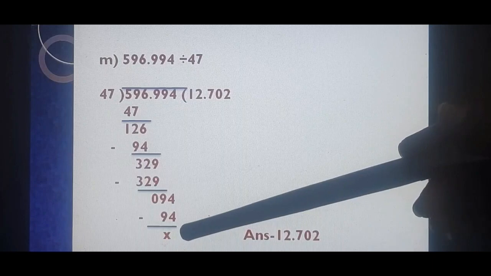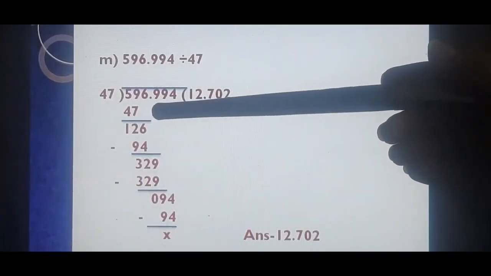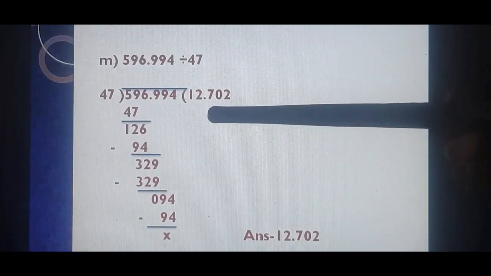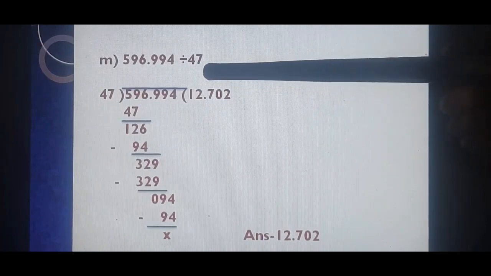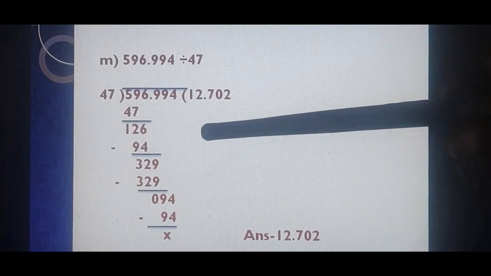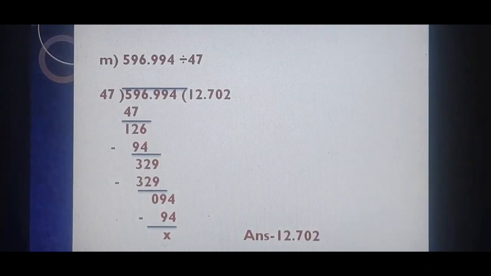Now no remainder is left. Division is completed. Now we will put the decimal. After the decimal in our dividend there are 1, 2 and 3 digits. So in our quotient also we want 3 digits. So count from ones place, ones, tens, 100 and put the decimal here. So our answer has become 12.702.